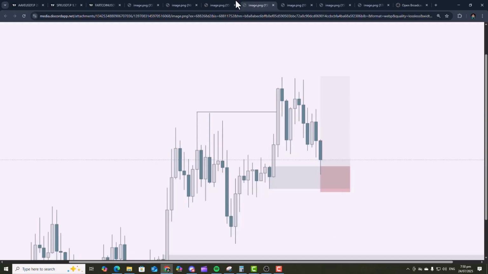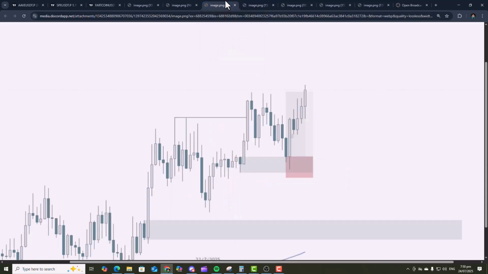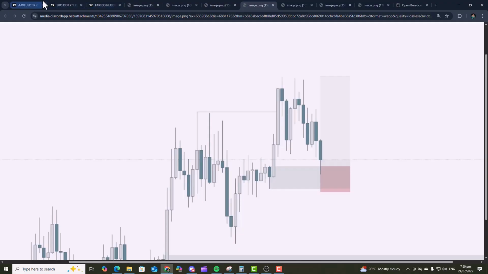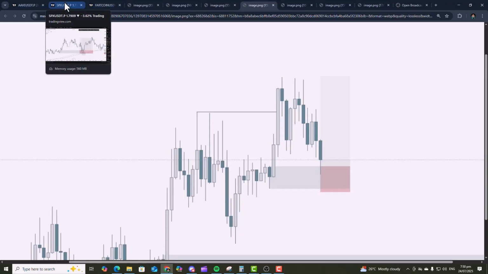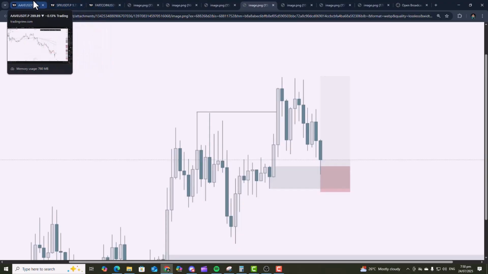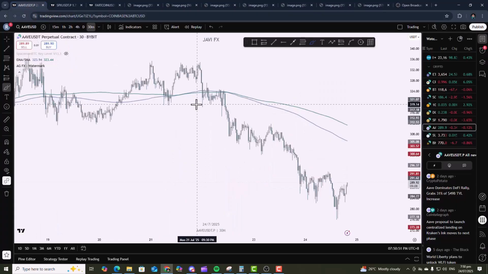This is the entry, and boom. I shared it even before the sweep, so you could probably get in at a better entry than me, right? So, very simple way of trading. Very, very simple way.